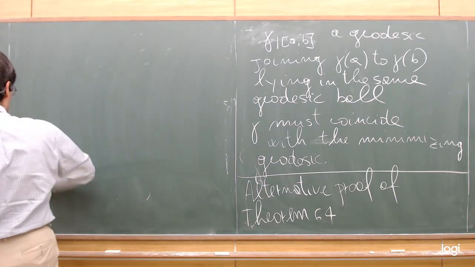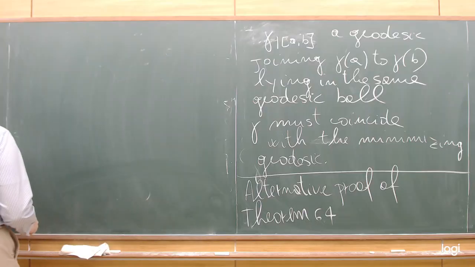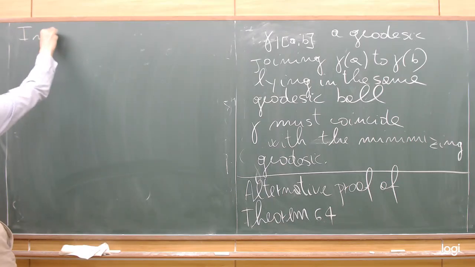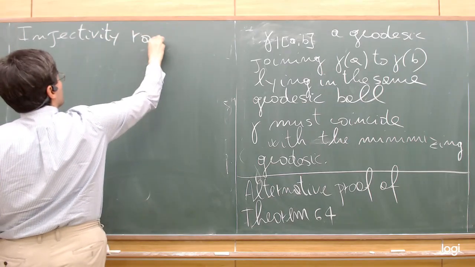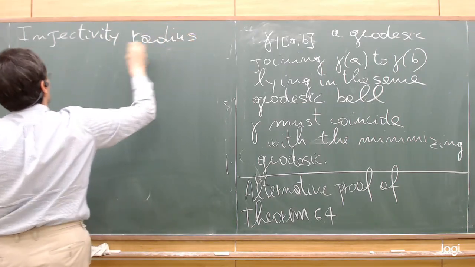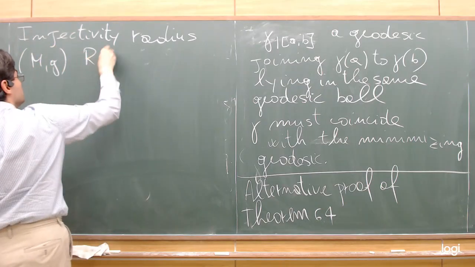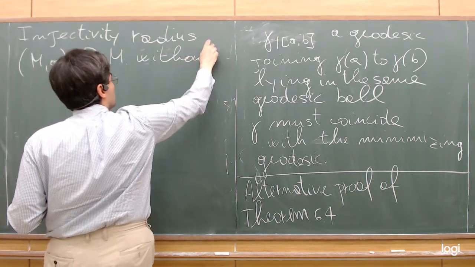What I want to do now is to introduce the definition of injectivity radius that will be useful in the sequel. So suppose that we have a Riemannian manifold without boundary.